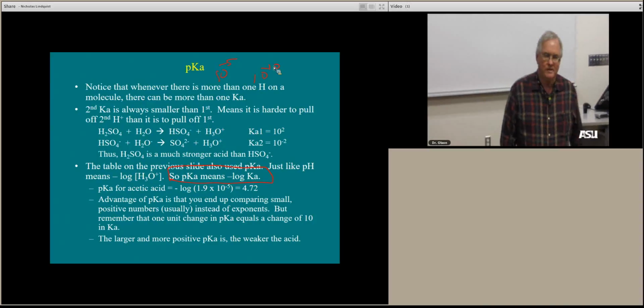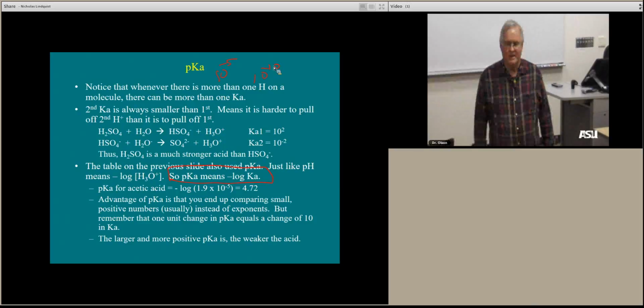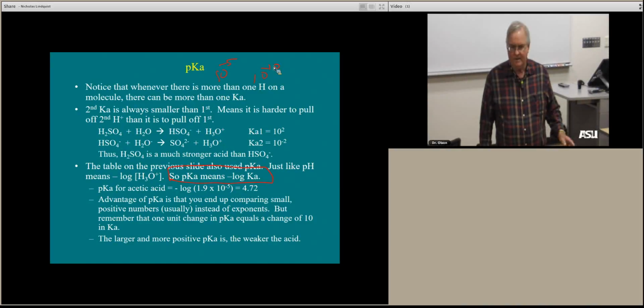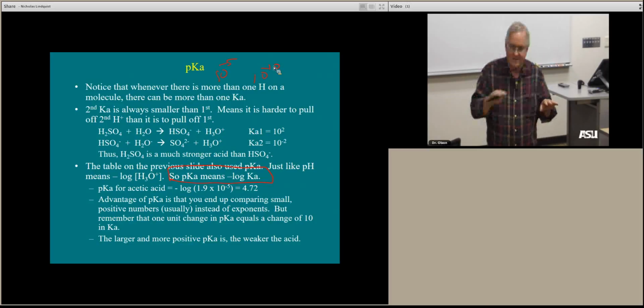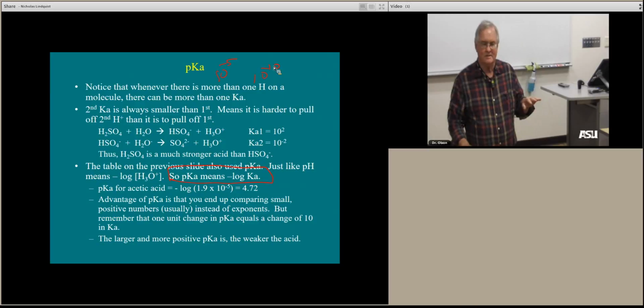So which is the stronger acid there? An acid with a Ka of 10 to the minus 5 or an acid with a Ka of 10 to the minus 10? The stronger acid is the larger equilibrium constant. 10 to the minus 5 is a bigger equilibrium constant than 10 to the minus 10. So the stronger acid means you have more products, fewer reactants at equilibrium.